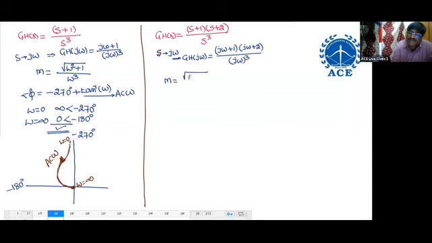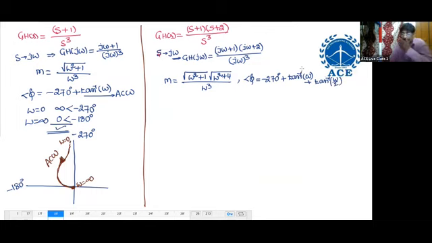Magnitude is root of omega square plus 1, omega square plus 4, divided by omega cube. Phase angle is minus 270 plus tan inverse omega plus tan inverse omega by 2. Positive tan, anti-clockwise direction.